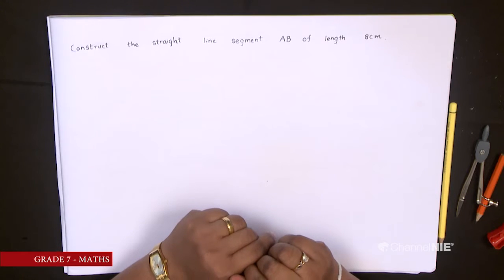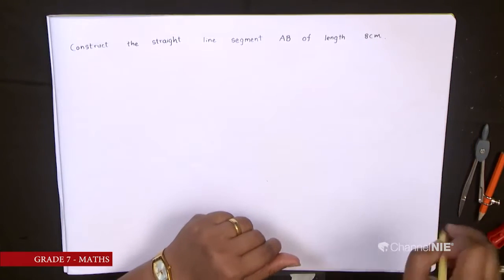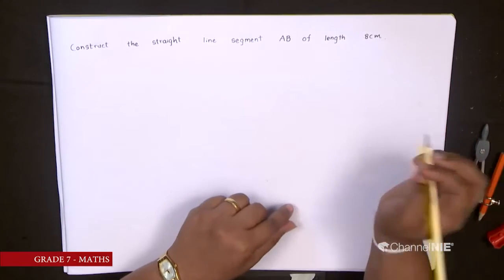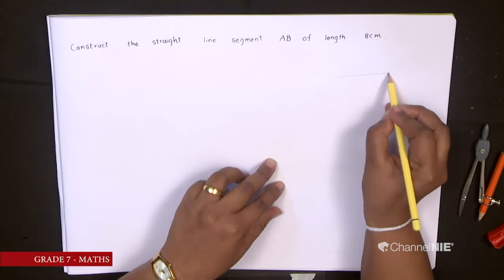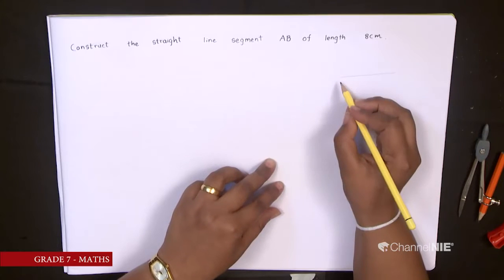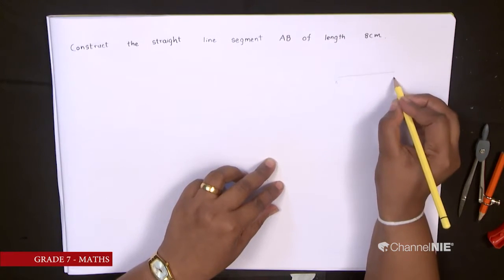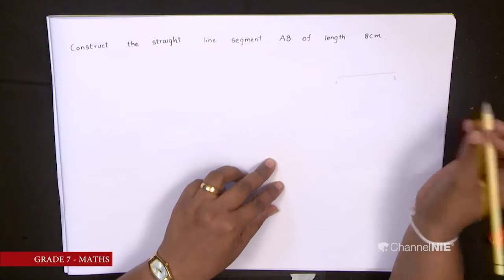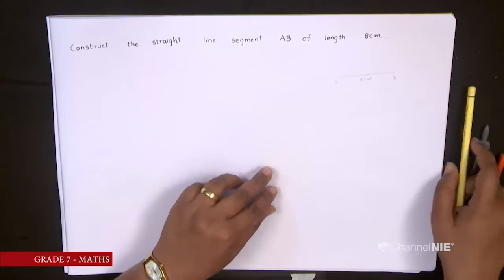When you are drawing a rough sketch, you should not use a ruler. You can draw it with your free hand. So, we will draw a rough sketch first. I have to draw a straight line segment. The straight line segment should be named as AB and the length should be equal to 8 centimeters.